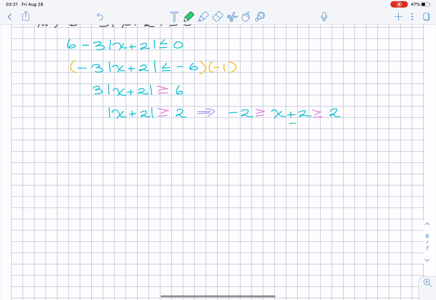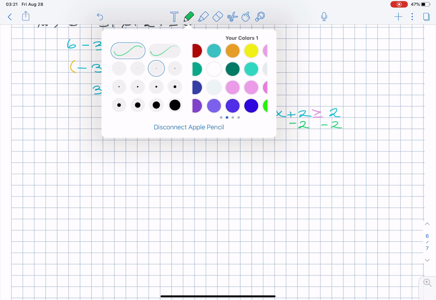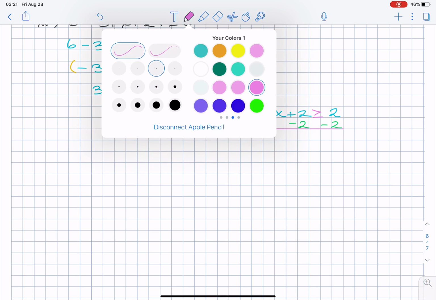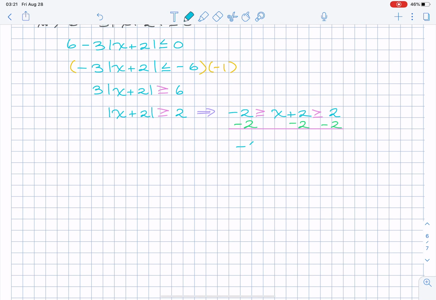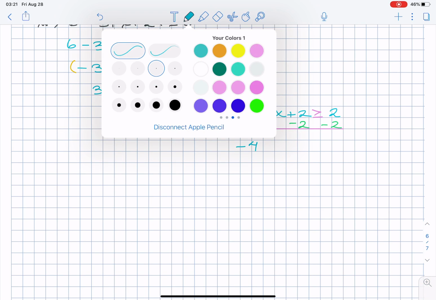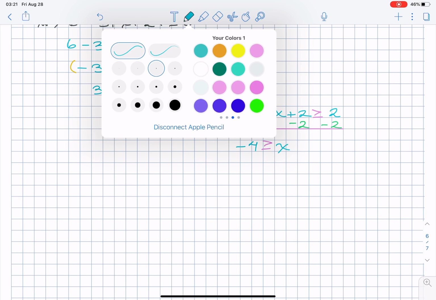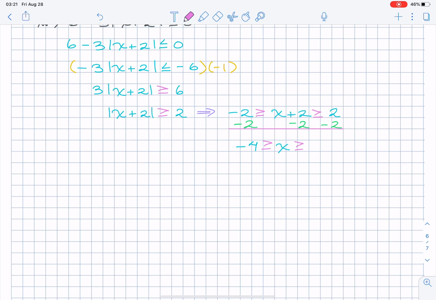So we can subtract 2 from all three sides to solve for x. So we will get negative 4 is greater than or equal to x, which is greater than or equal to 0.